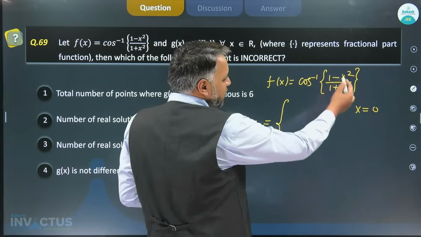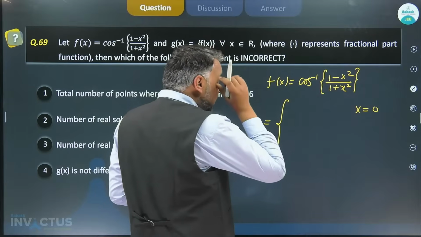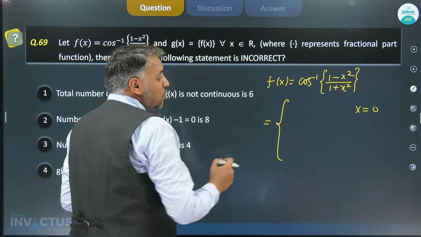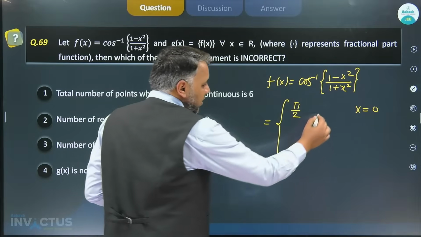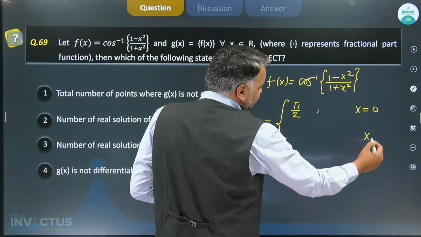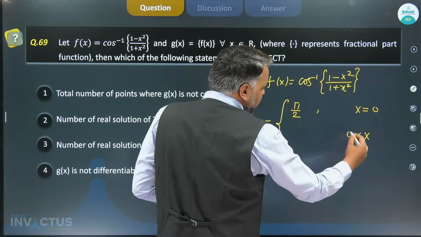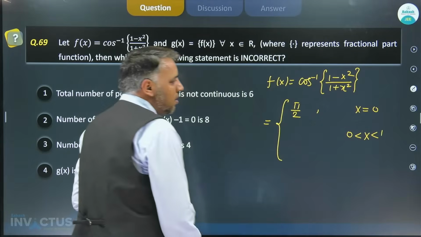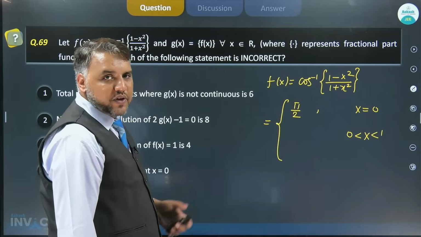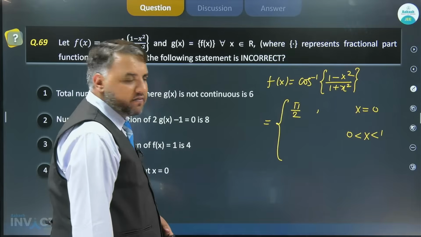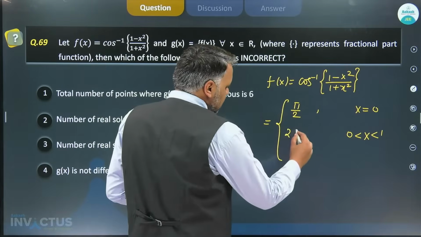So at x equal to 0, this is 1, so the fractional part of 1 will be 0, so cos inverse 0 is pi by 2. Similarly, whenever x lies between 0 to 1, this will be cos inverse of (1 minus x square) upon (1 plus x square) only. Putting x equal to tan theta, we will get this is 2 tan inverse x.